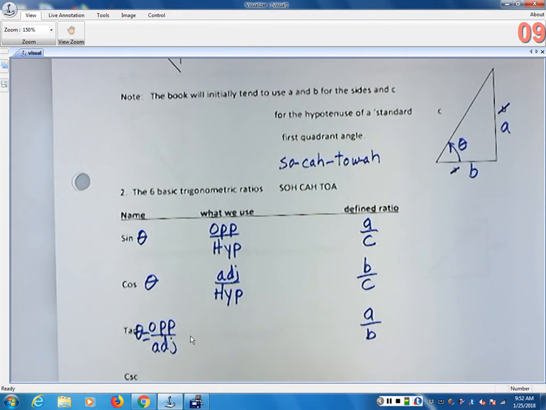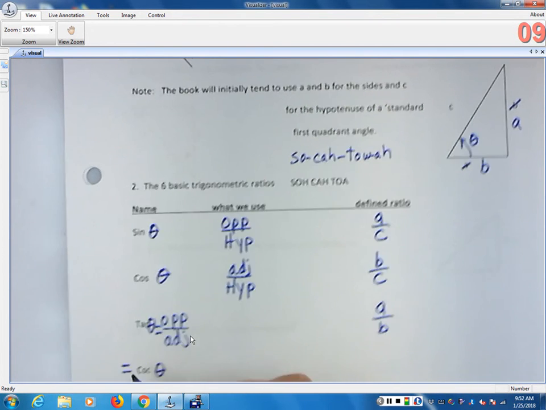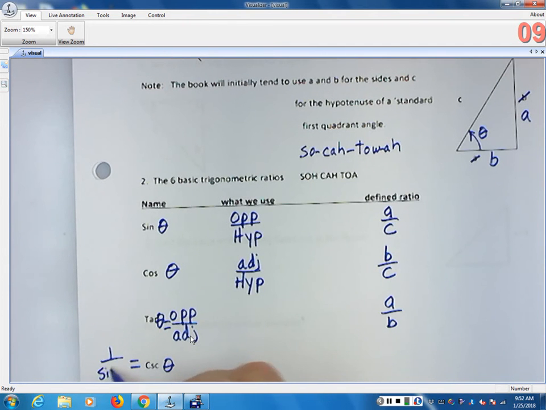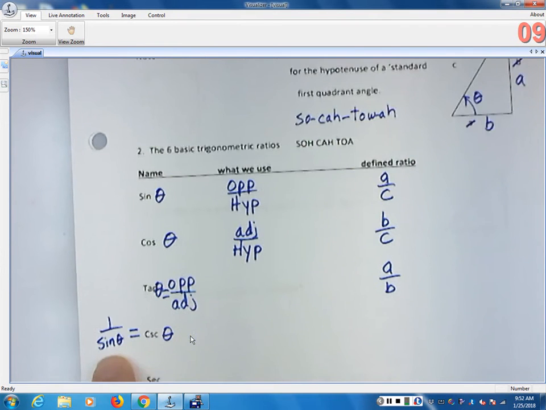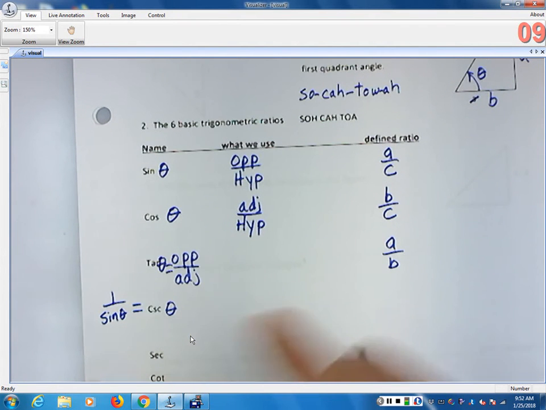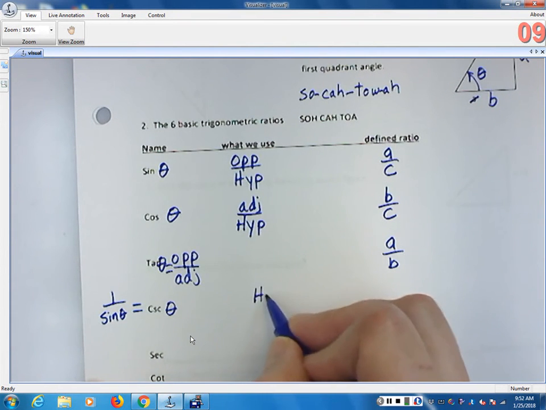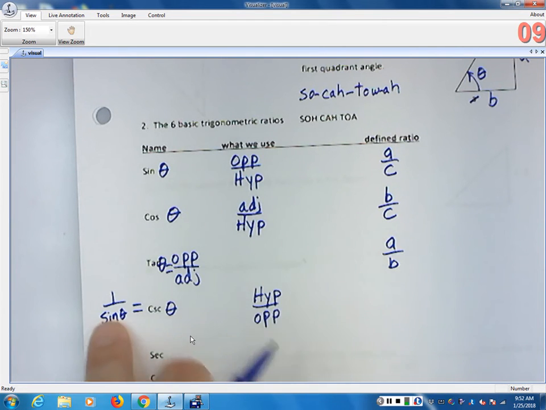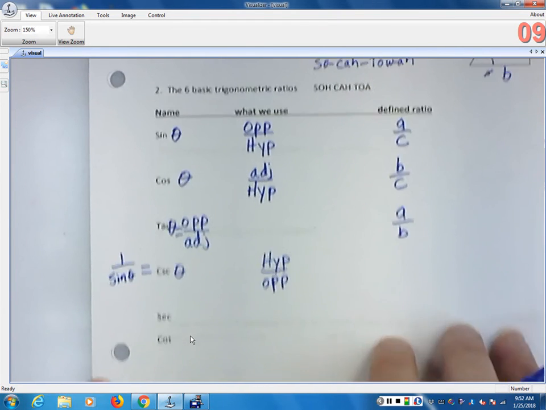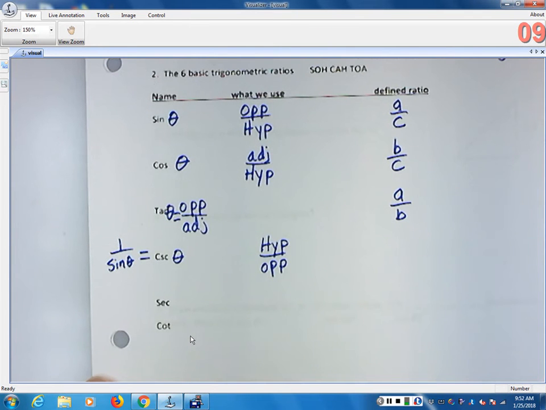And cosecant theta is going to be 1 over sine. So if you memorize that, then that's going to be hypotenuse over opposite. I just have the reciprocal identities memorized.